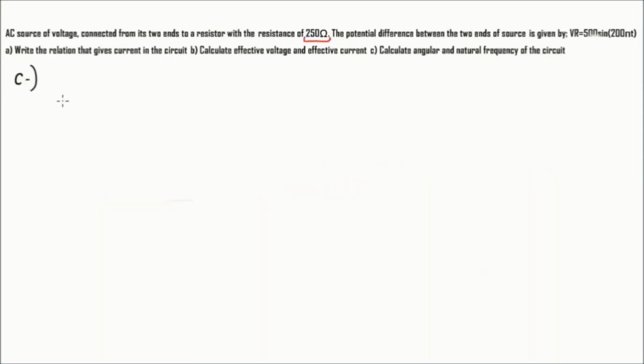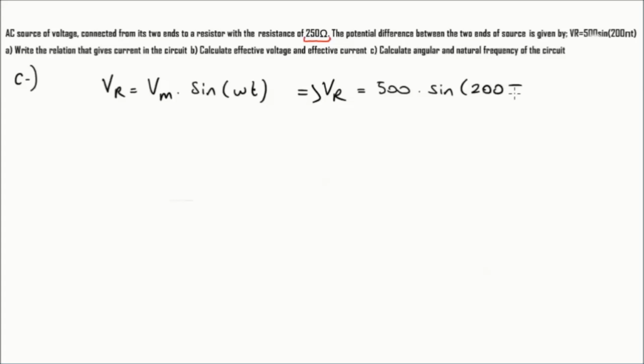C says calculate the angular and natural frequency of the circuit, and we know V_R equals V max times sine omega t, and this is equal to V_R equals 500 sine 200πt. So that means sine omega t equals sine 200πt.